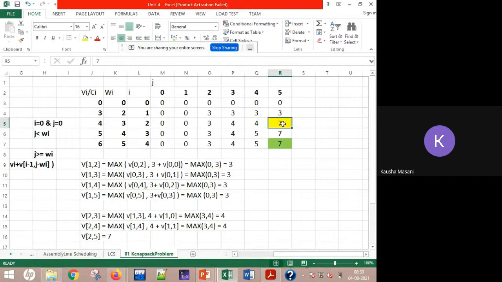So 7 minus 4. The answer is 3. So your pointer will go here at this point. We are doing the selection of an item. So that means item number 2 is selected. For our knapsack, item number 2 is selected.